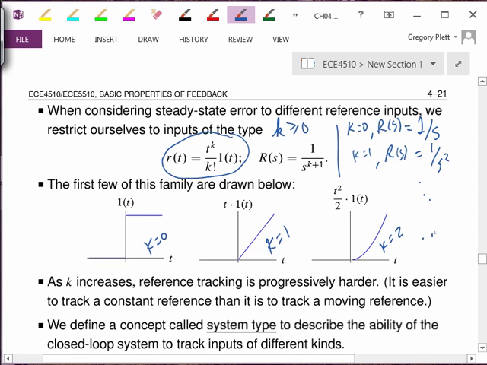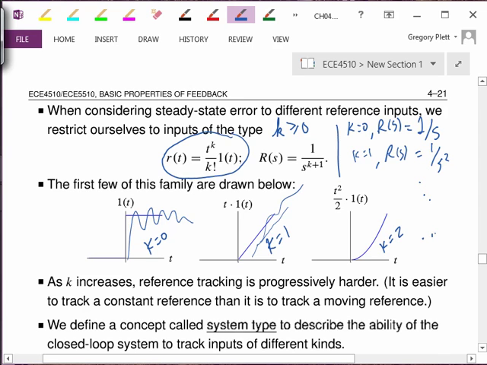It just gets harder and harder because in the first case, I'm trying to track a constant. So the reference is not itself moving. So even if I wobble around a bit, I've got a pretty good chance of getting there eventually. Well, in the next case, I'm trying to track something that's always moving, so I have to keep up with the movement and try to track that.